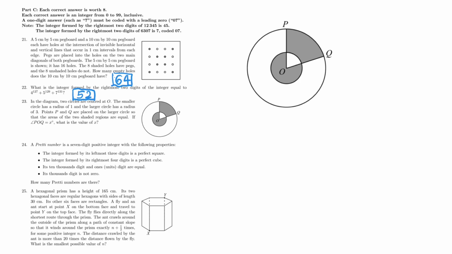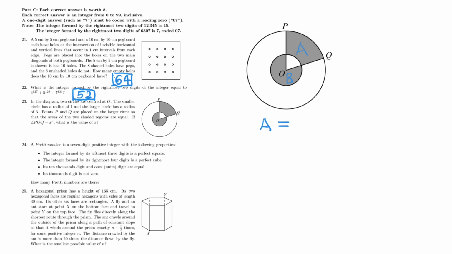Since the shaded areas are equal, we label the top part area as A. We label the smaller circle shaded area as B. Now the shaded areas are equal, so A equals B. I label the smaller white part as C. Add C to both sides.